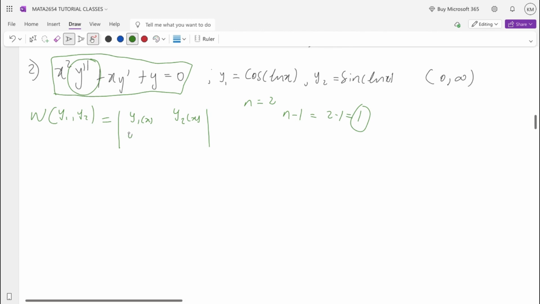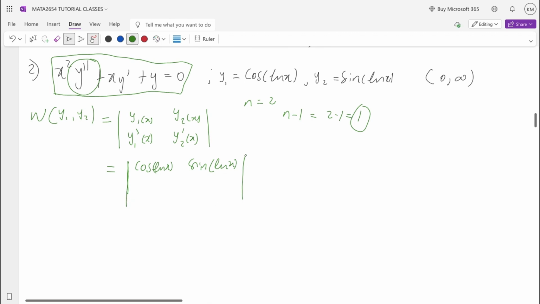Then that implies we're going to have y1 prime of x, then y2 prime of x. Just like that. Then let's go on and plug in the functions. We have cos ln of x, sine ln of x. What is the derivative of cos ln of x?